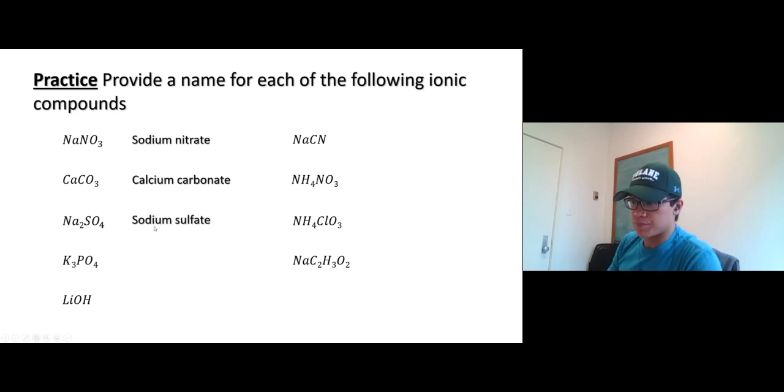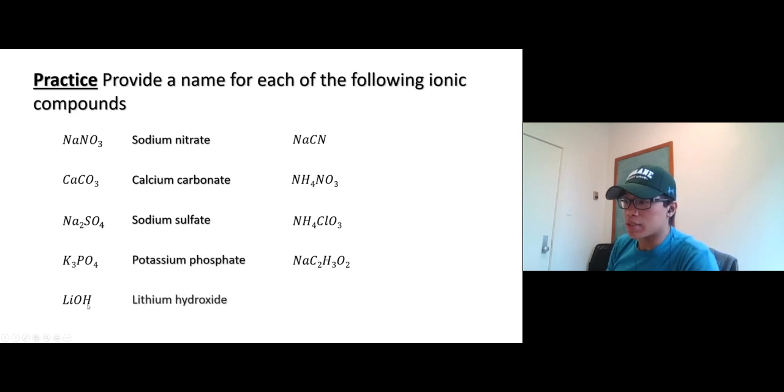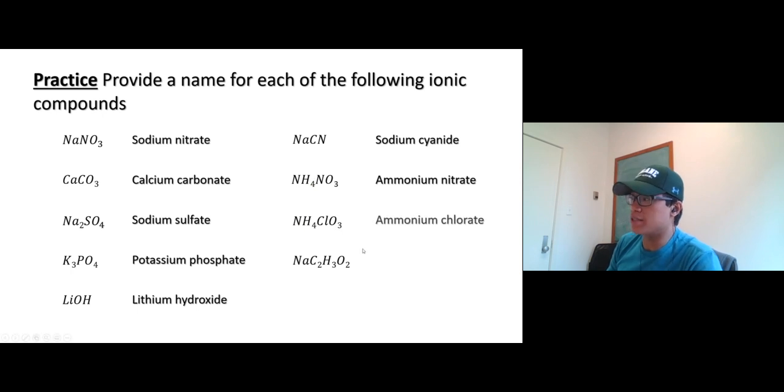Sodium sulfate. We got potassium and phosphate. We have lithium hydroxide, sodium cyanide, ammonium nitrate. Now we can start to mix them up. Ammonium chlorate, and the last one, sodium acetate.